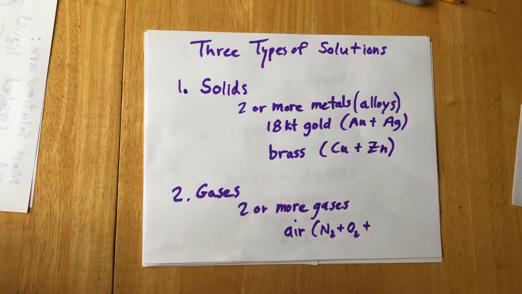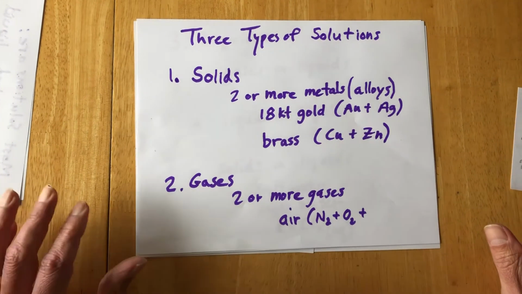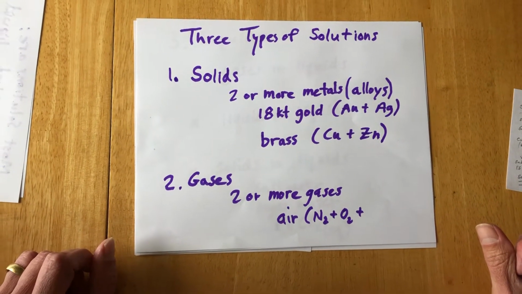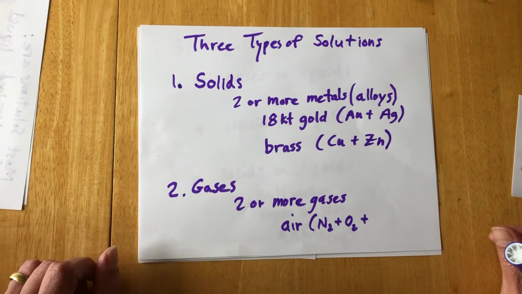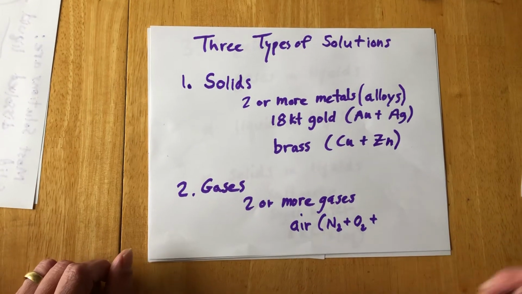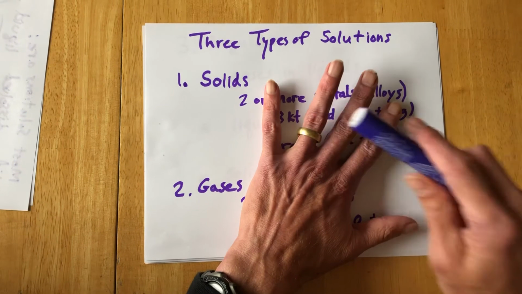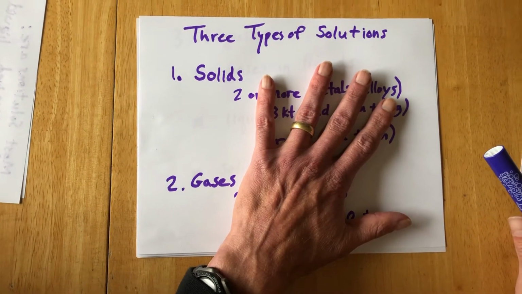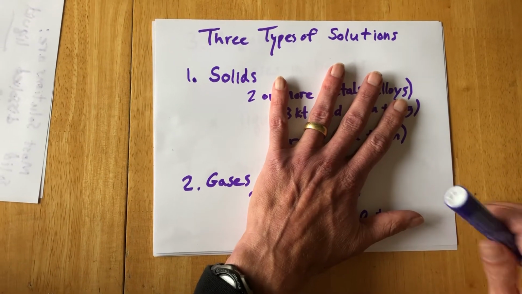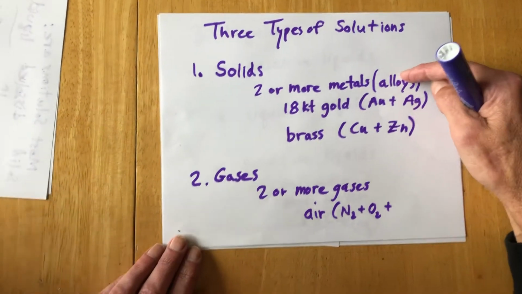Now, there are 3 different types of solutions. We just talked about one, but actually solutions involve more than just liquids. They can actually involve solids. An example of a solid solution: this ring is made of 18 karat gold, which means it's not pure gold. So it's an even mixture of gold and silver that were melted together to make what we call an alloy.